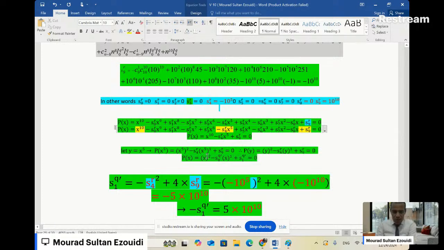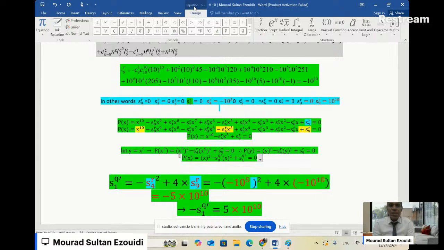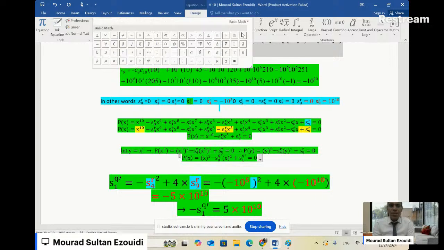So therefore, I'm going to solve this for x. What is the value of x? Therefore, x squared equals minus S1 of the Q dash. Therefore, x has to be equal to plus or minus root of minus S1 of Q dash. I will just write this for you, my kids, because it's very important.